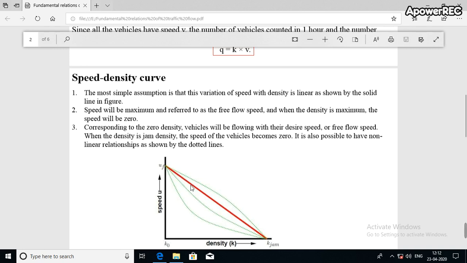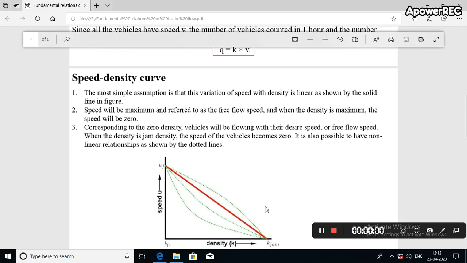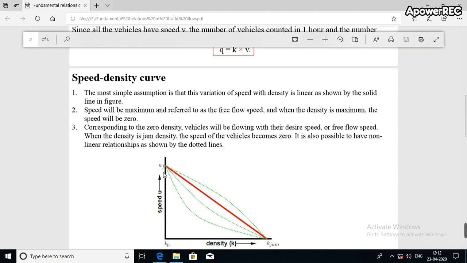Here, in the y-axis speed has been taken, and it is the maximum value of the speed, but the density is 0 in that particular case. This particular speed is known as the free flow speed.